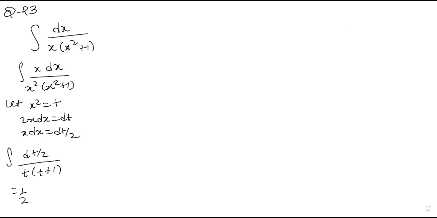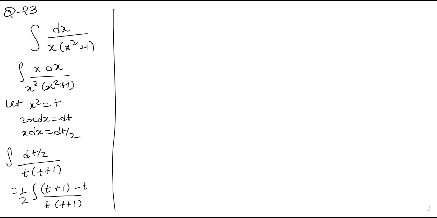So 1 by 2 will be outside the integration, and I will write this 1 in new format as t plus 1 minus t. If I subtract, I will get that same 1. So if I individually divide this, then I will have 1 by t minus 1 by t plus 1 dt.